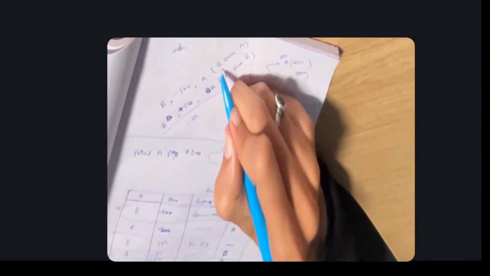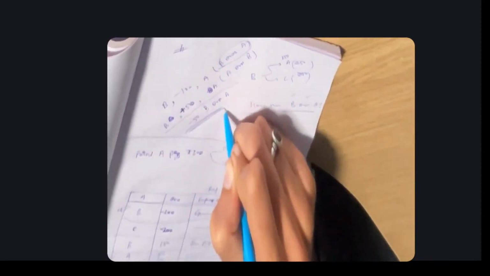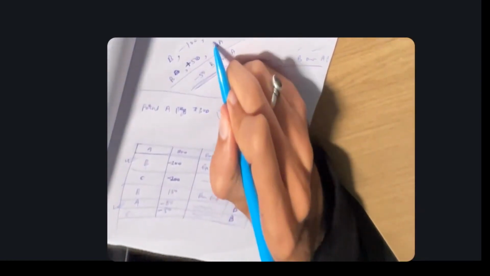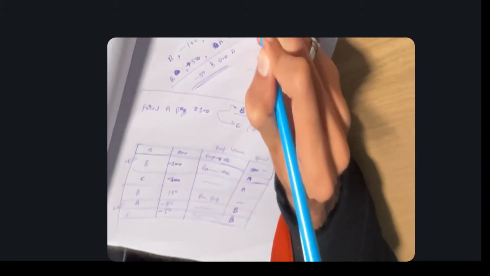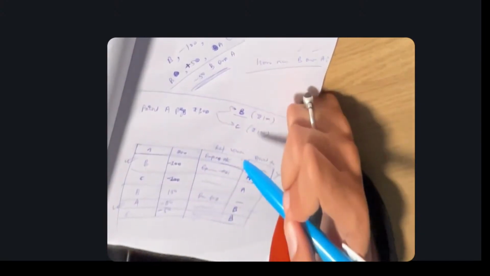Minus represents this transaction, which means B owes A 50 rupees. Is it correct? In my mind, it is working. So is it correct or not? Yes, right. This thing works.